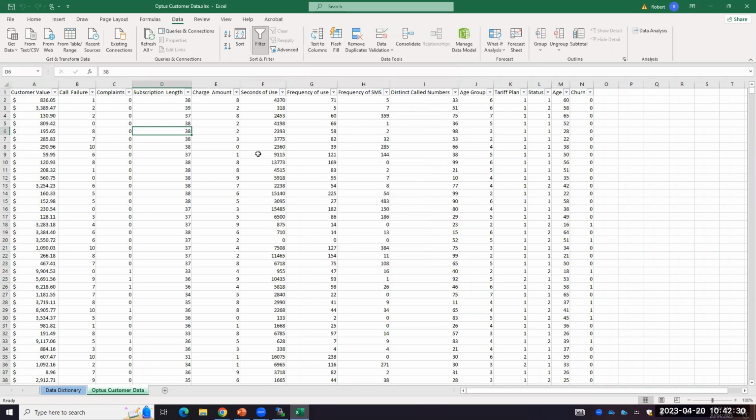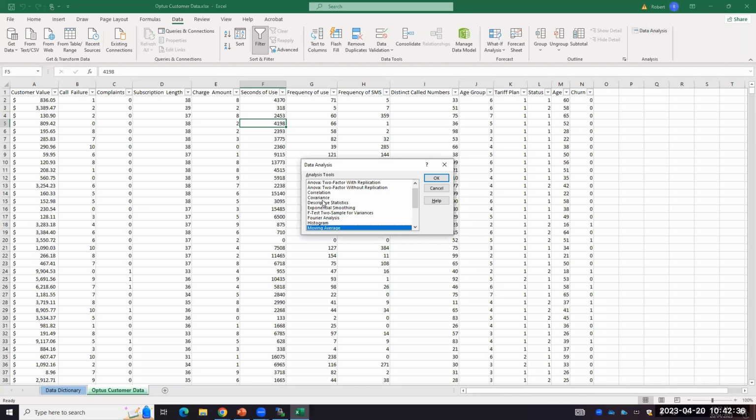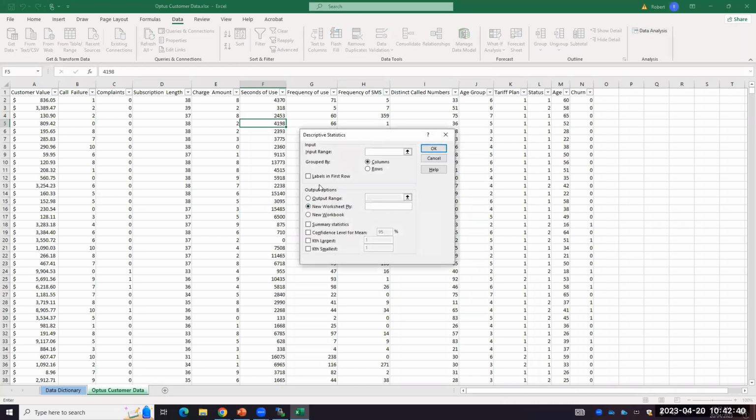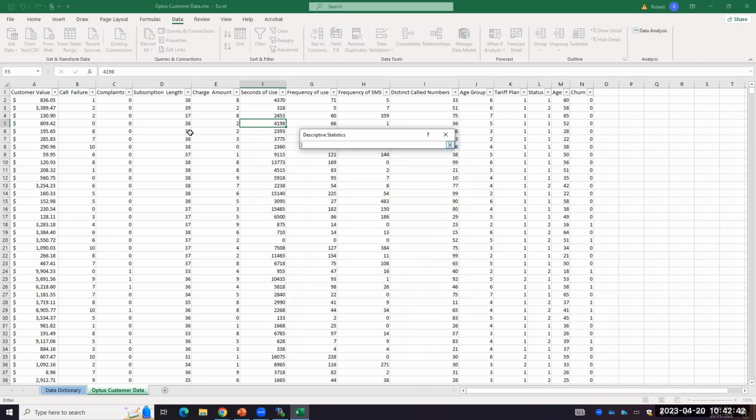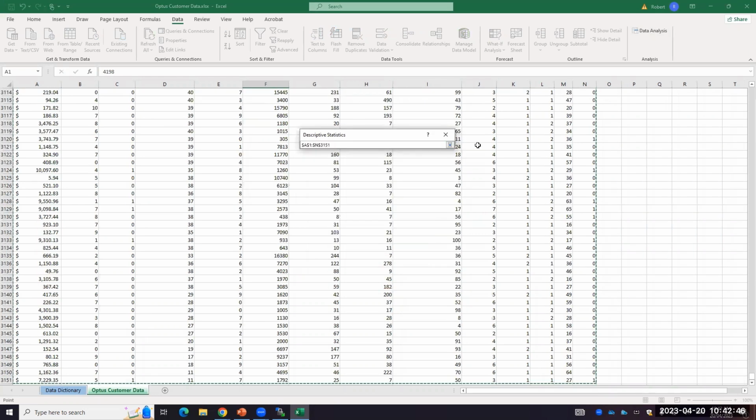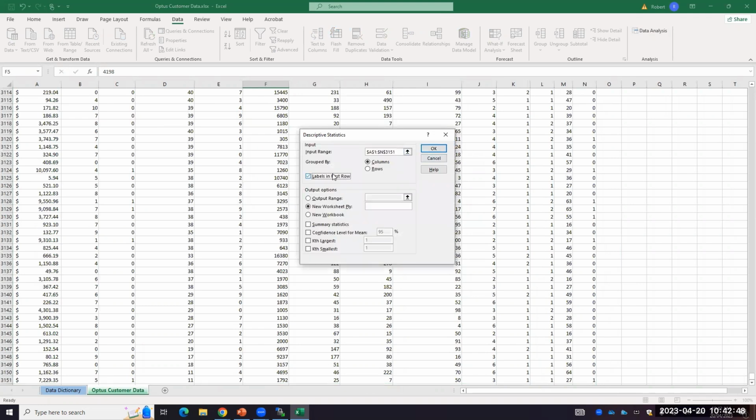So the first thing I'd encourage you to do is have a think about running descriptive statistics over here, just like we did many times before. We'll just select all of this all the way down to the bottom. Labels in first row and summary stats.